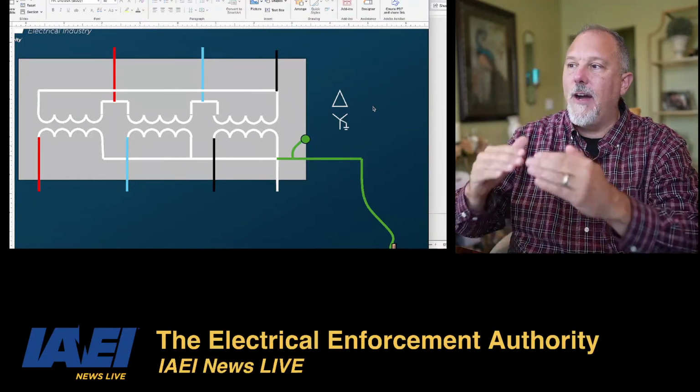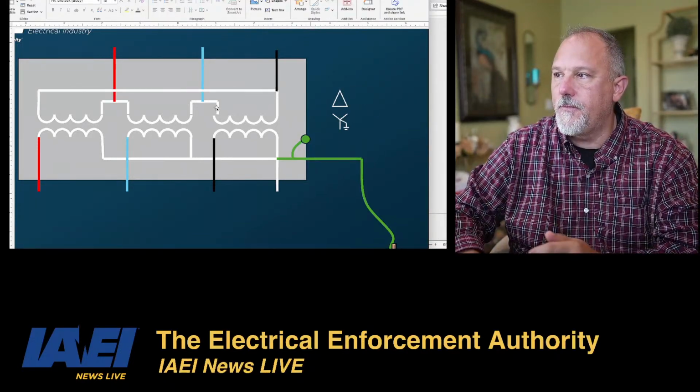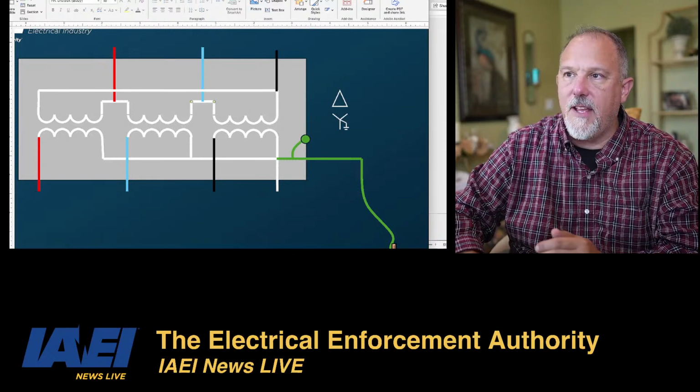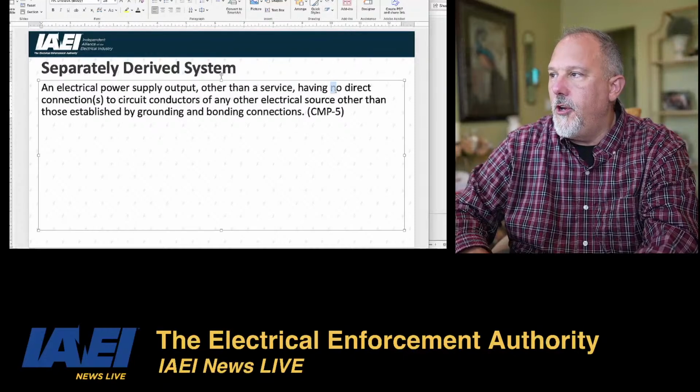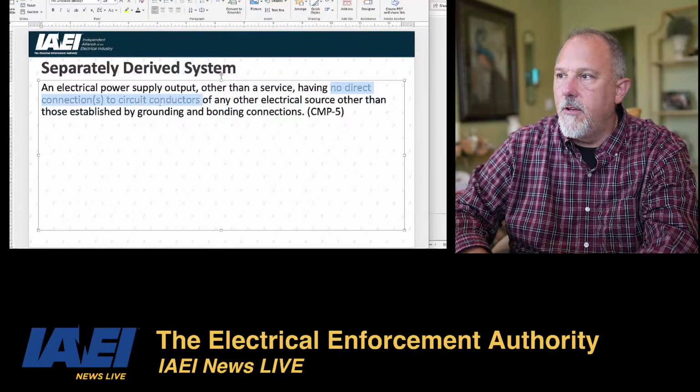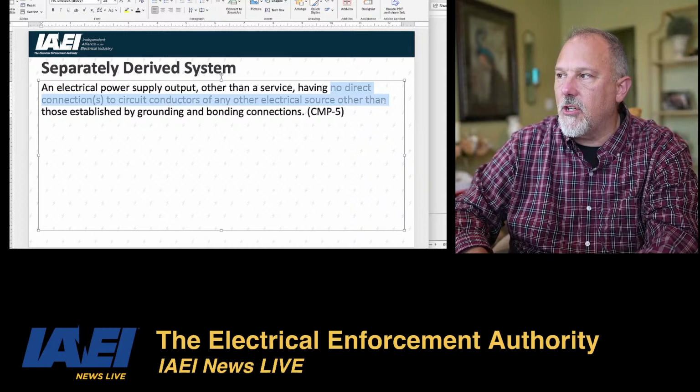I have not changed the fact that, if I go back to the definition, there is no direct connection to circuit conductors of any other electric source other than those established by grounding and bonding.